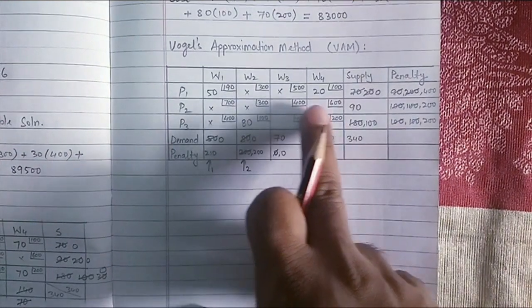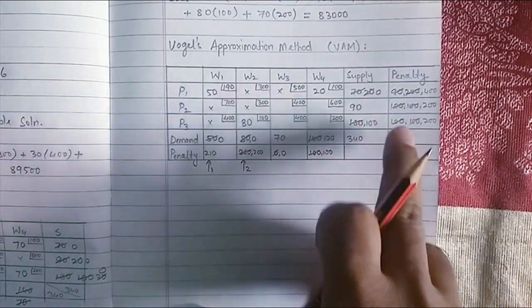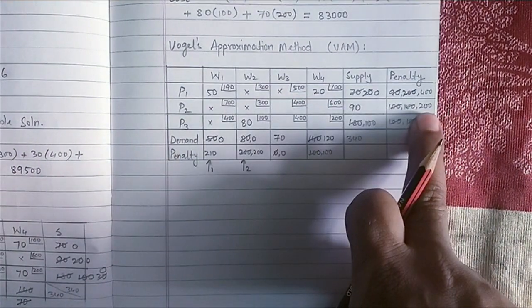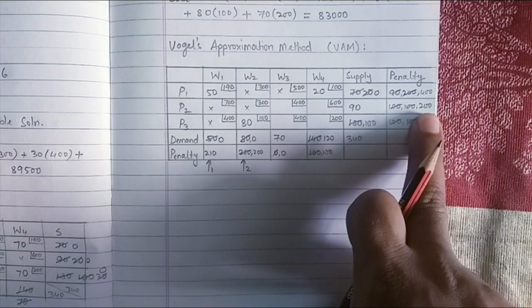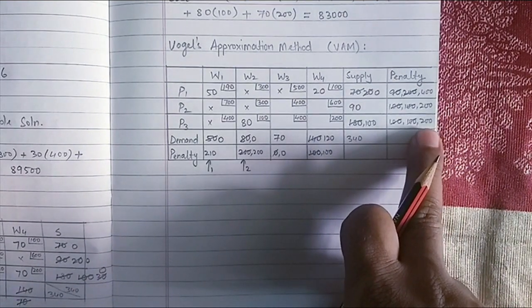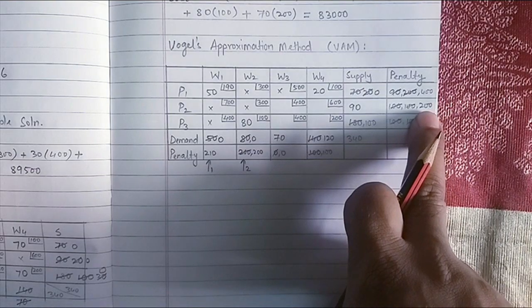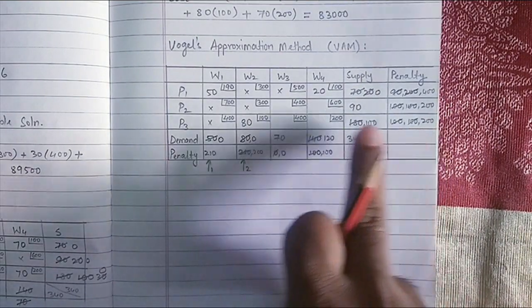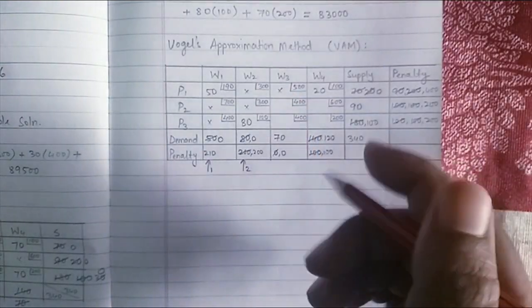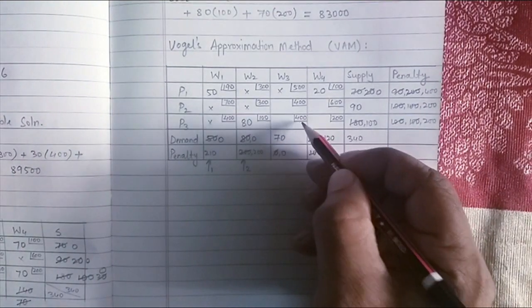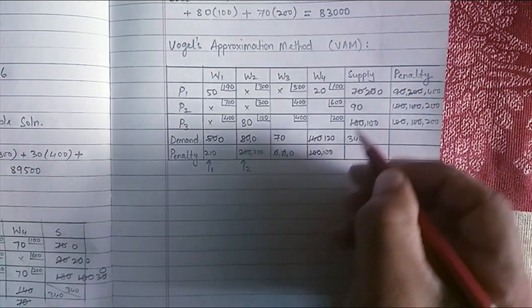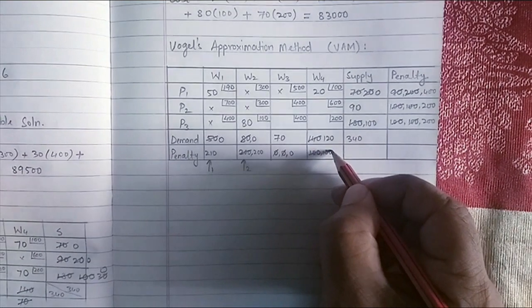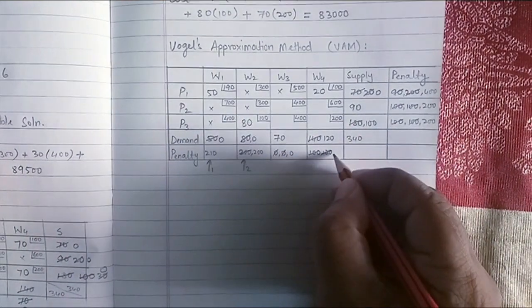We have only these 4 cells remaining. The value for penalty in P2 will not change, neither will it change for P3. So this will remain 200 and 200 here, but there will be a change here. So this one remains 0 and here we get now 400.